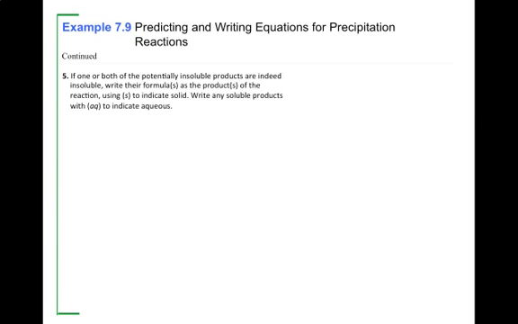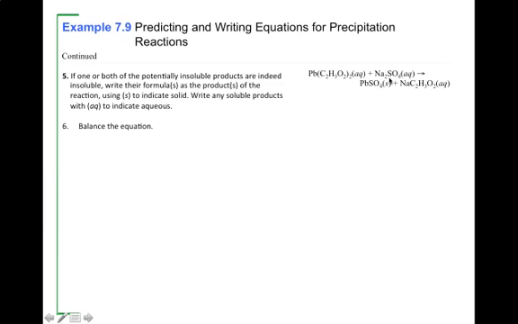Okay, so if any of the potentially insoluble products are indeed insoluble, write their formulas as the products of the reaction, using S to indicate solid. Write any soluble products with AQ. So we use both of our reactants, and we wrote lead sulfate because lead went with sulfate, sodium went with acetate, and we have this solid.